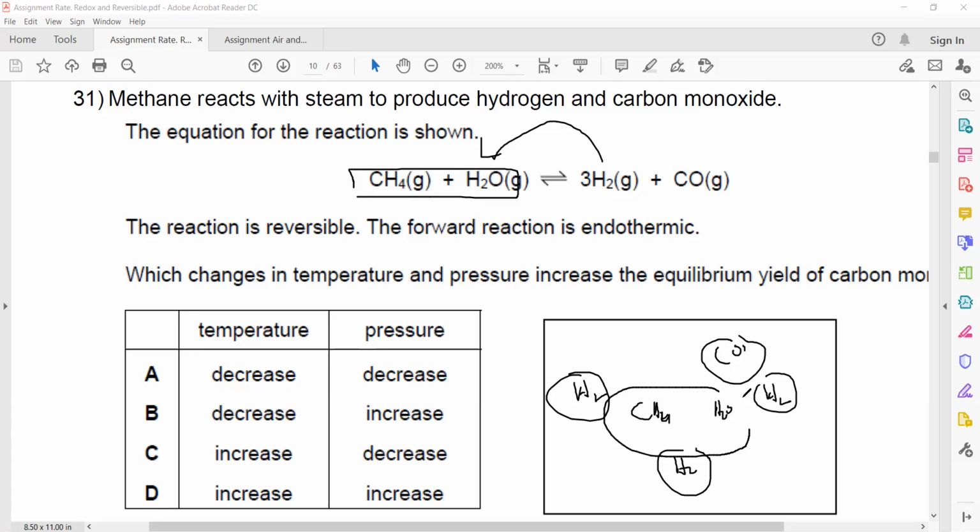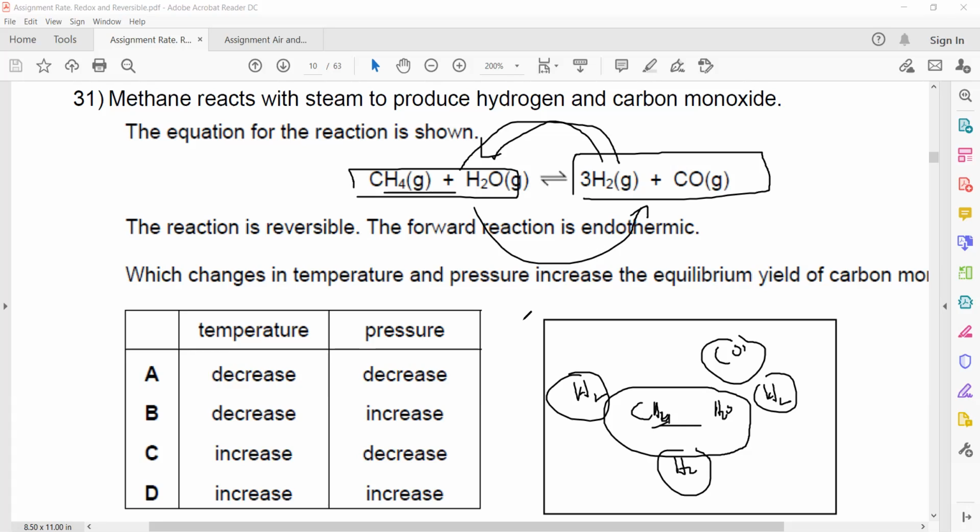But compare the chance: on this side only two particles have to collide, and on the product side four particles must collide together to form the reactant. So the chance that two particles collide and form a product is higher compared to four particles colliding and forming back the reactant.